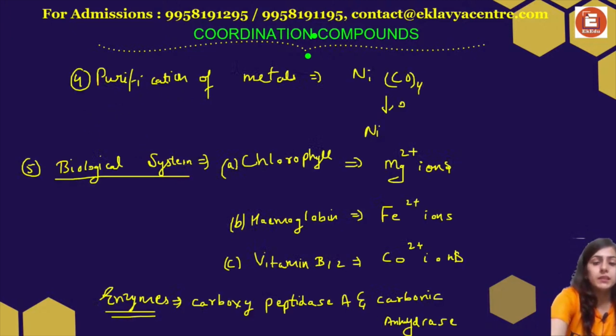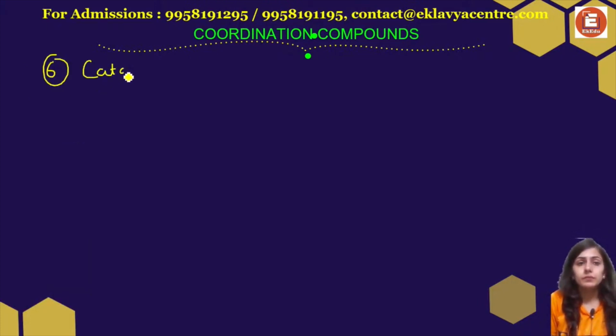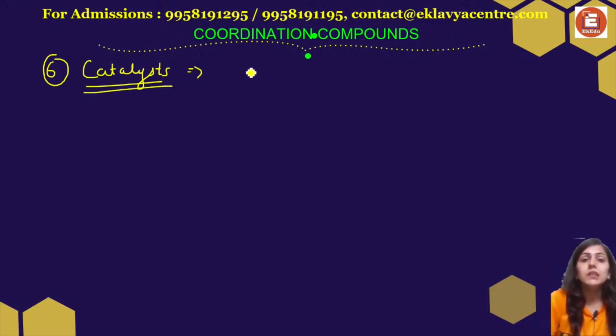Next is number 6. Coordination compounds are used as catalysts in industrial processes. A very important and famous catalyst we have is the Wilkinson catalyst.